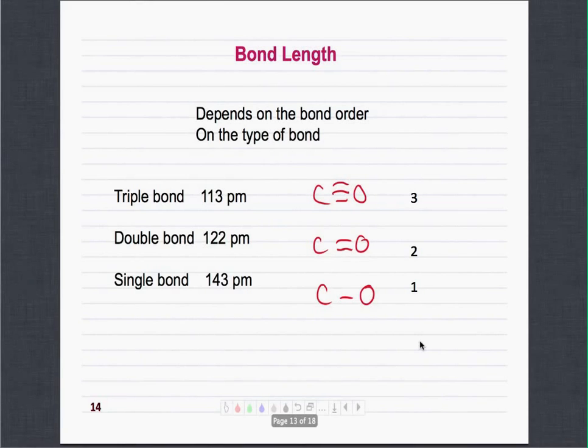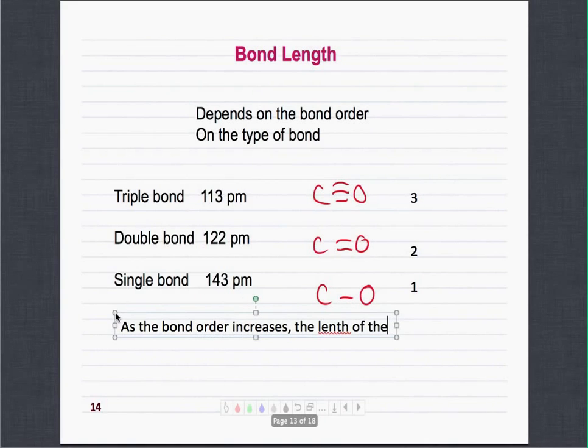And this is, by the way, in picometers, which is 10 to the minus 12 meter. So as the bond order increases, the length of the bond decreases. And this is a rule of thumb.